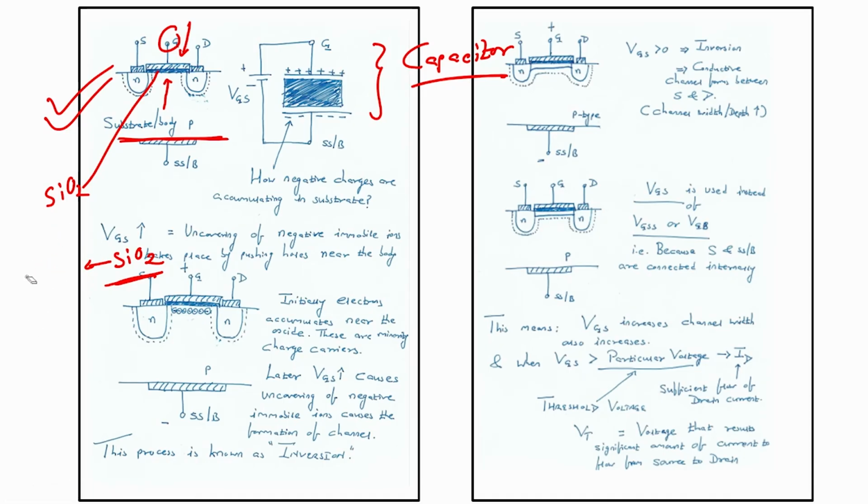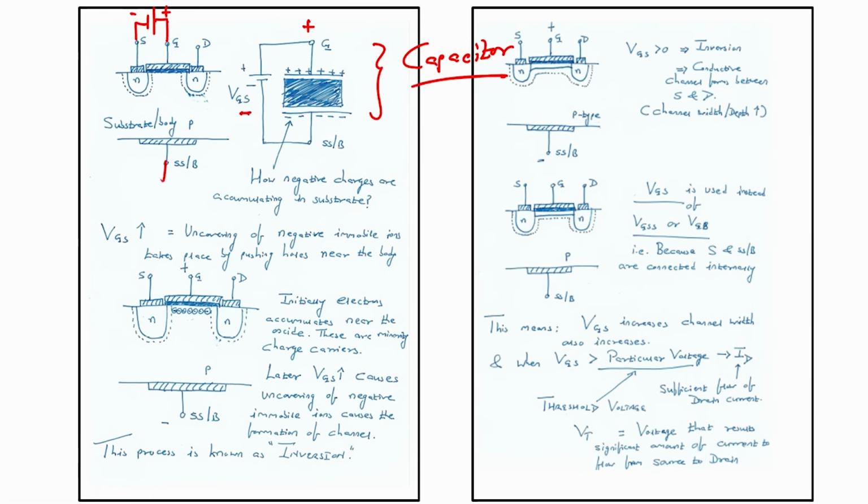In this particular case, if I apply VGS, with the gate positive and the source negative, then my gate would be positive and my source would be negative.